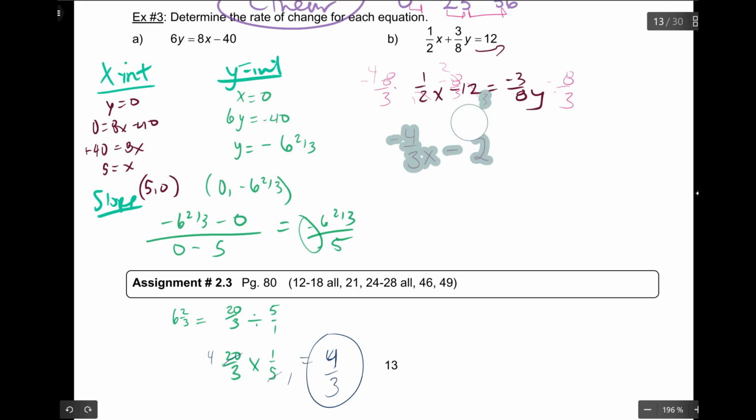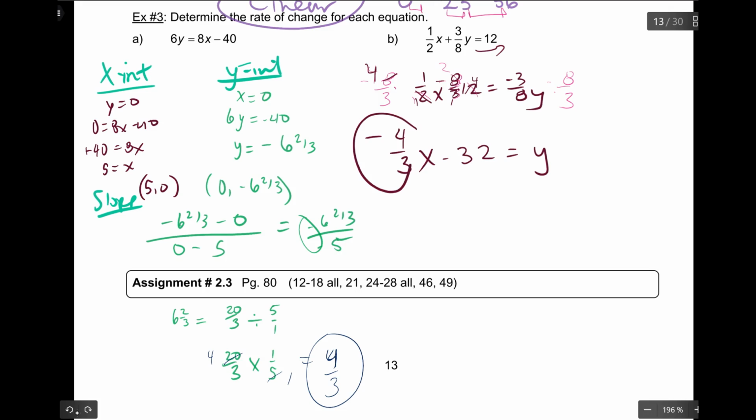Take in mind that there's a negative, so I have -4/3 x, because we crossed out the 8, put a 4, crossed out the 2, put a 1. Then we have -8/3 times 12. That goes to 1, that goes to a 4, so that's -32 equals y.